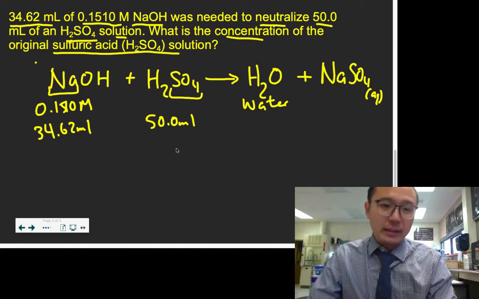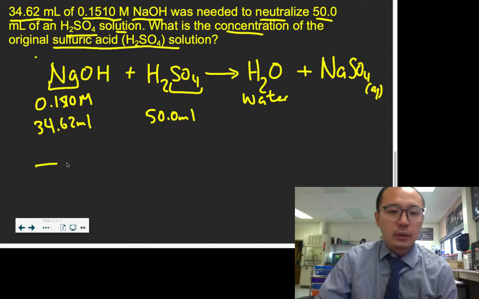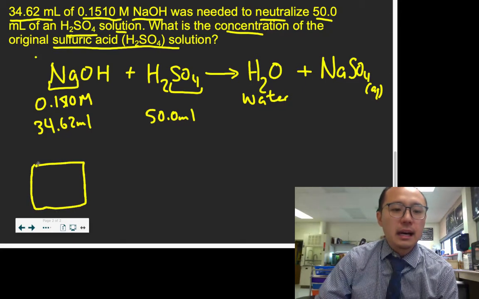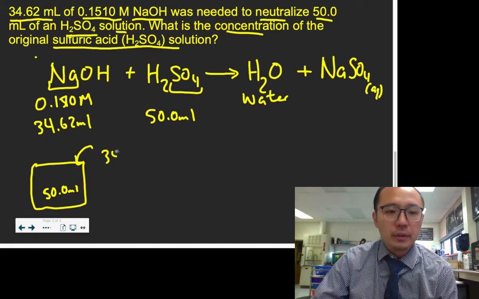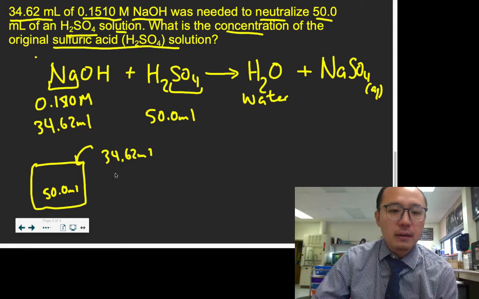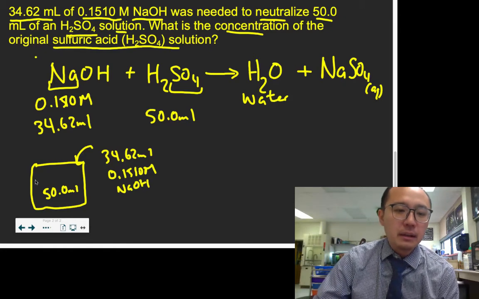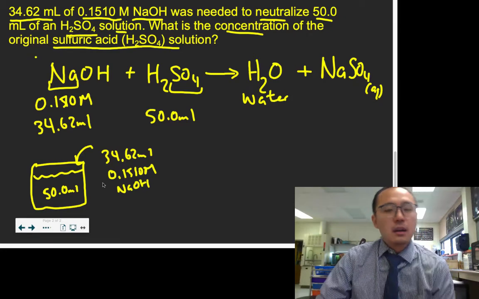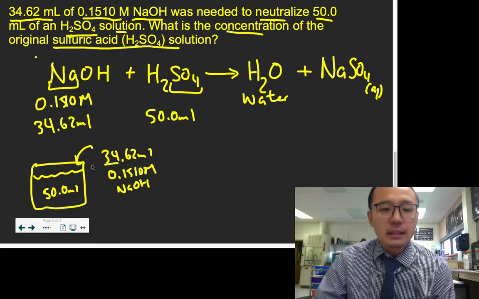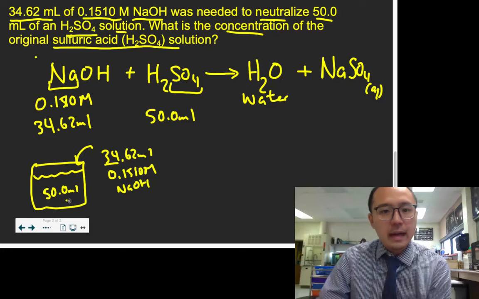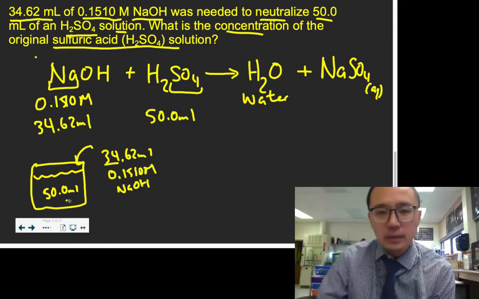If we were to look at this in picture form, you have a beaker of 50 mLs of sulfuric acid, and you put in 34.62 mLs of 0.1510 molar sodium hydroxide, and when you put this amount in there, it neutralizes it. So the question is, if this amount is needed to neutralize this volume, what's the concentration of the sulfuric acid? That's what the question is asking for.